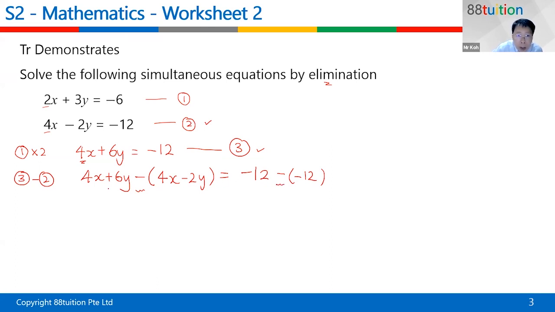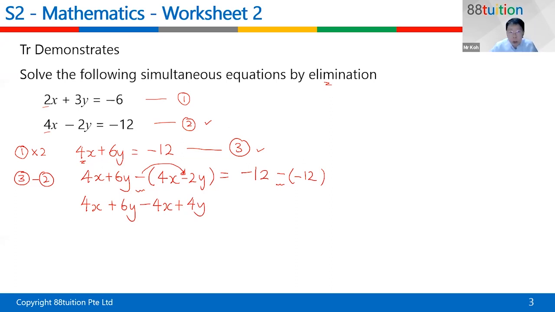Okay, now you're going to expand this equation. So I'll write down 4x plus 6y. I hope you're all right with expansion because you actually learned your algebra in Sec 1. So minus 4x. Now, this is the one that you need to be very careful because it will be minus times minus, so you'll get a plus.